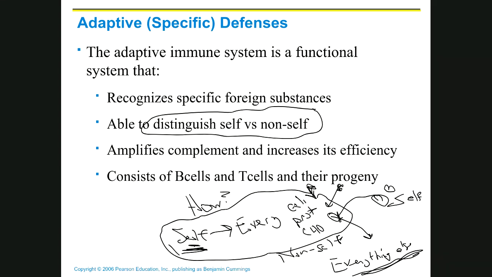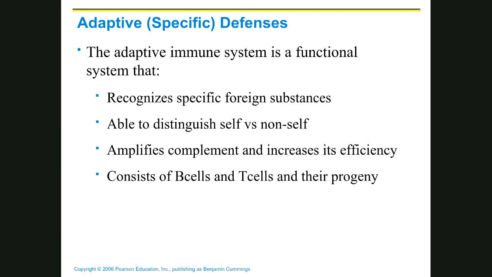It's non-self. And so that's the most important thing that this is able to do, is able to distinguish self versus non-self. And so that allows it to recognize foreign substances.